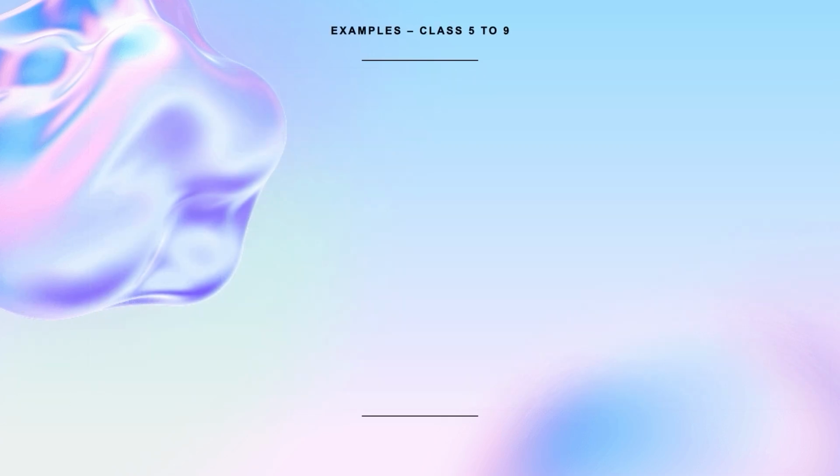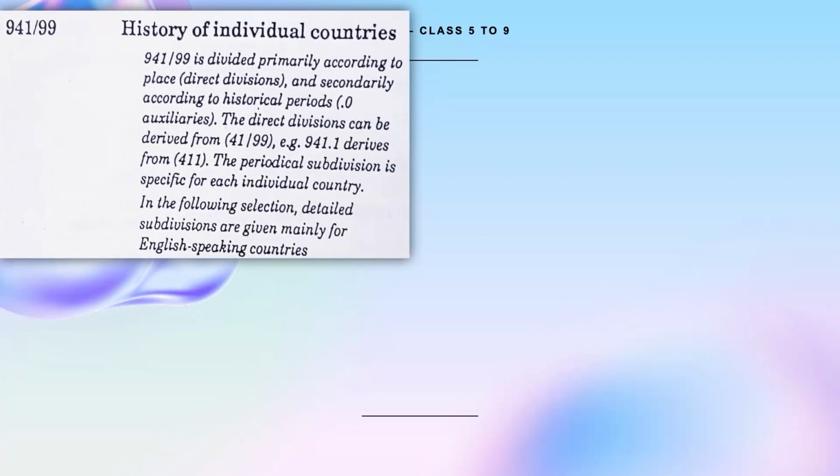Okay, and there is an instruction you see in the schedule under 41 to 99, history of individual country, that is 941/99 is subdivided primarily according to the place, that is direct division, and secondarily according to the historical period. There is an instruction in the schedule.